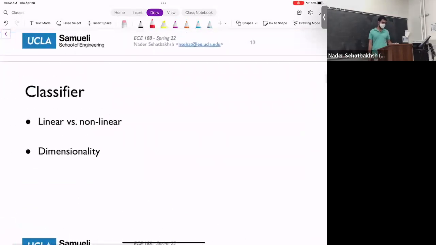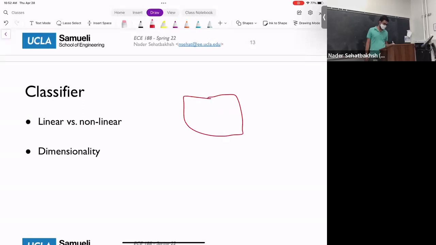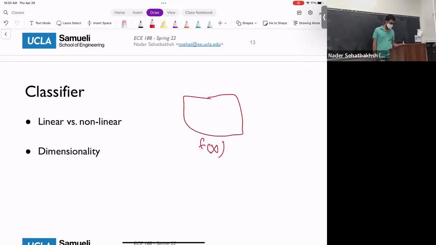Your classifier itself, as we talked about, is a mathematical function. As I said, it can be some sort of linear function, such as a polynomial function, a combination of multiplication and addition. But it can also be a nonlinear function.